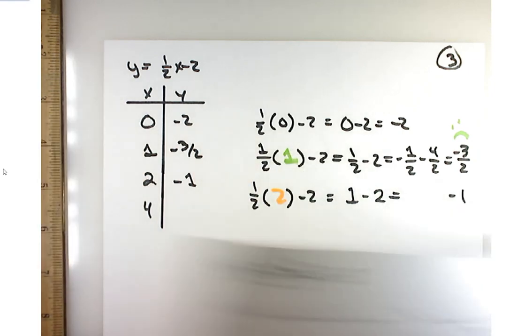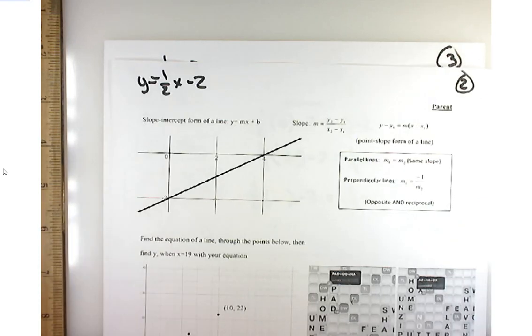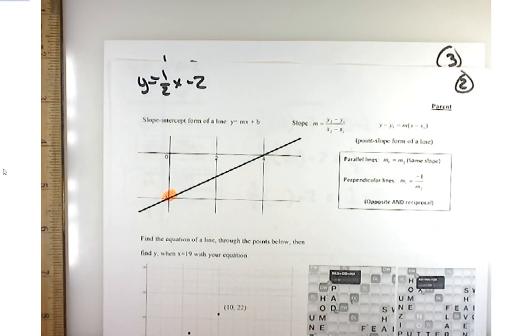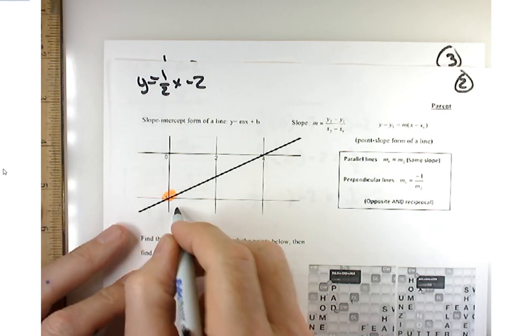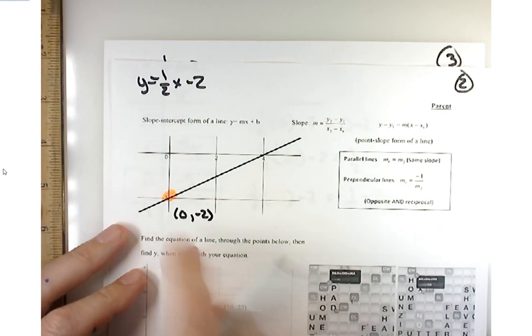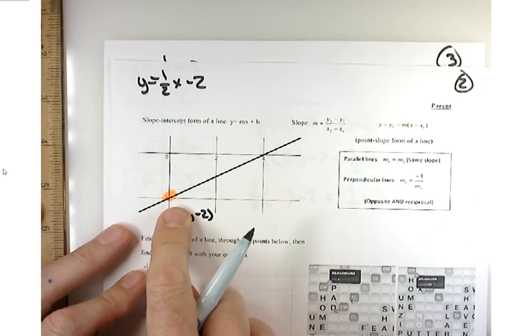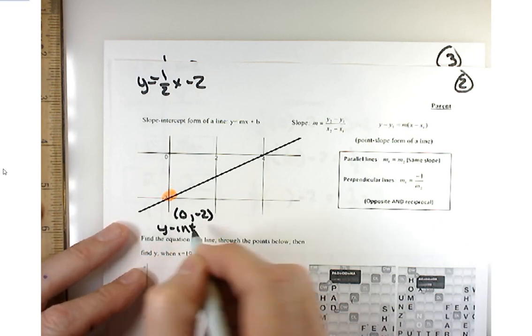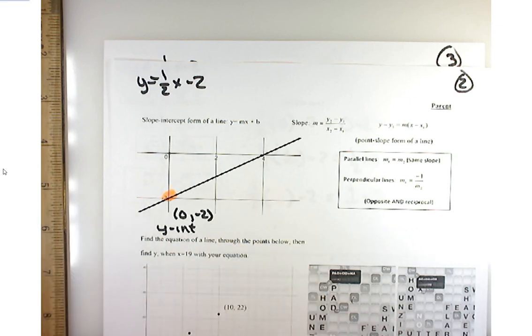If you were to look at our first point, it's right here on our graph. It's where x equals 0. Y was -2. That's our y-intercept. So our y-intercept, you get that by setting x equal to 0.